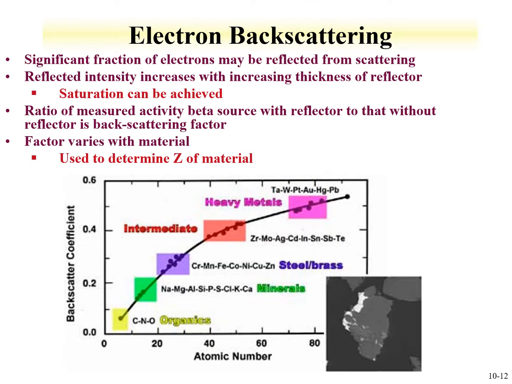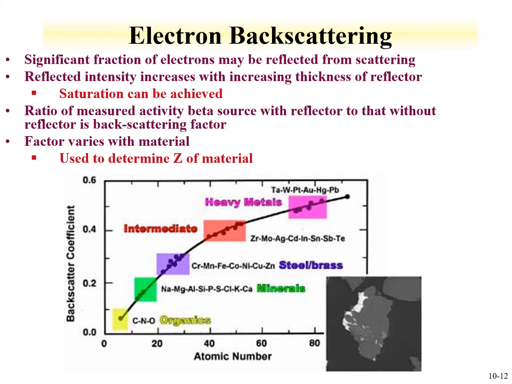This behavior of electrons, particularly how one could scatter electrons, is actually used in analytical methods. A significant fraction of electrons can be reflected from scattering. And the intensity of this reflection increases with the thickness of a reflector.